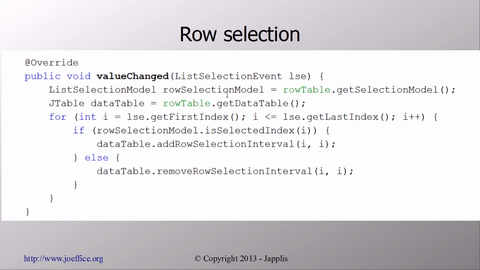Whenever a row is selected, you need to select or remove the selection in the data table. So it's just listening to the selection and then applying the same selection to the data table. This one is quite easy to do.